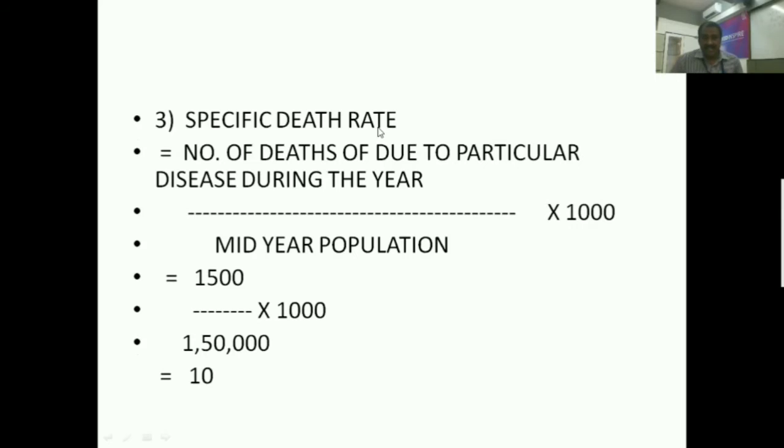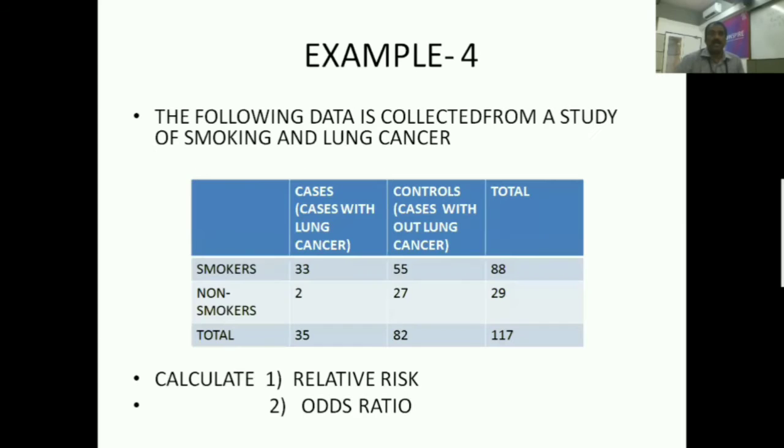Any doubts? I hope that you have completed. The next ones are all the three examples in the same way. Now we have a different example. This example we are going to cover from epidemiological measures, and the same thing under morbidity statistics also.